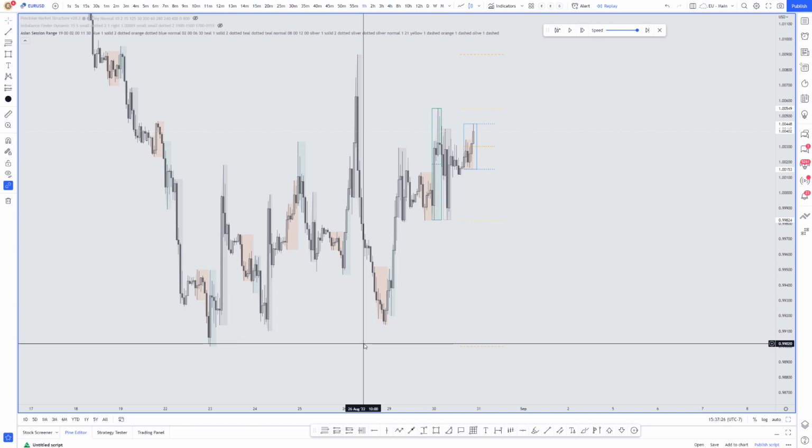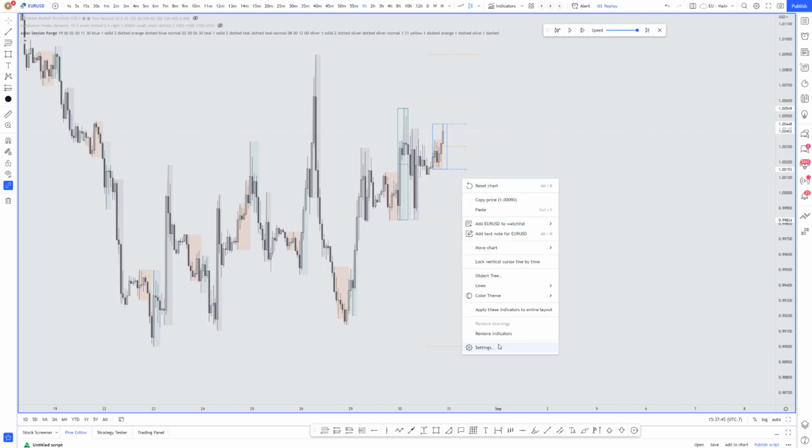Hey everyone, welcome back. In this example, I want to show you how to implement session lows and highs and previous day's highs and lows into a strategy where price is kind of moving sideways.